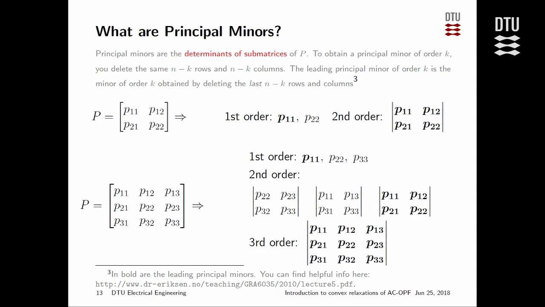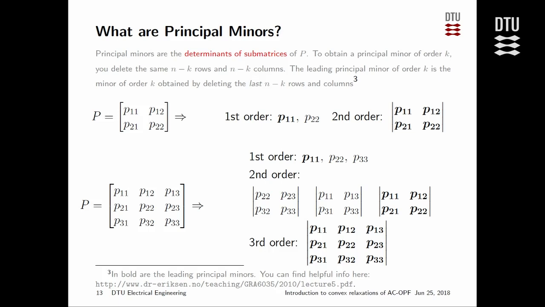The leading principal minor is when we always remove the last columns. So since it's only a 2x2 matrix, if we remove column 2 and row 2, we get P11. And this is the leading principal minor here, which is also in bold.